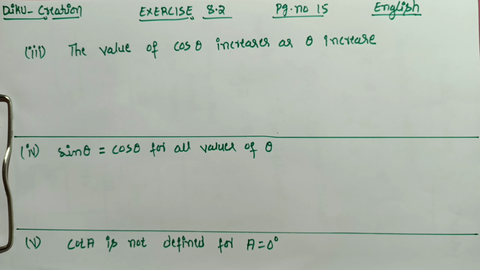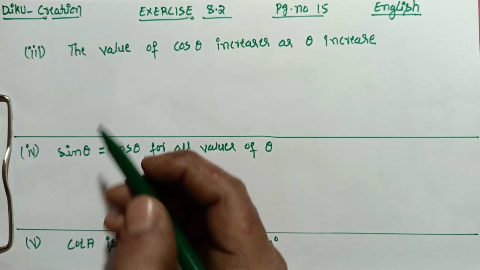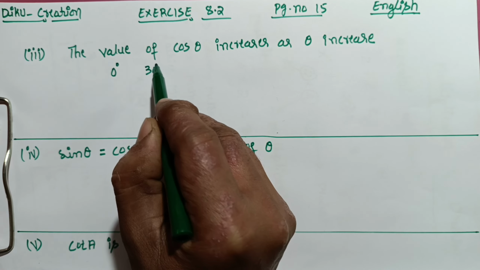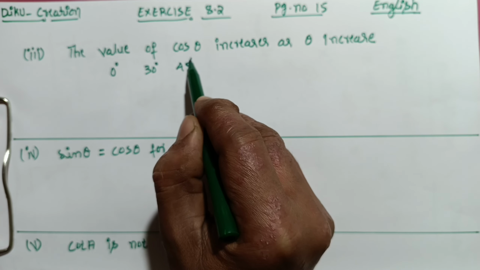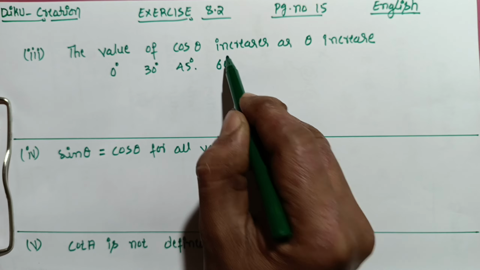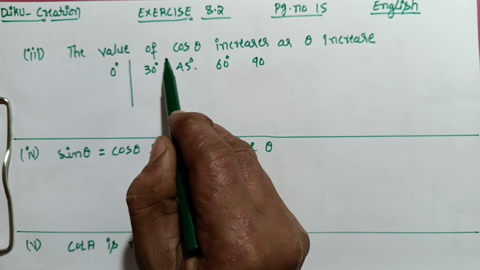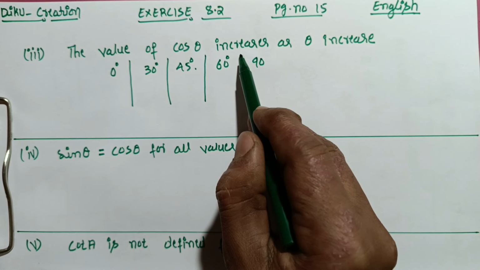Okay, now the third question of same exercise. The value of cos theta increases as theta is increased. So to solve this question, again I need to write the cos theta values. So cos 0 degree, cos 30 degree, cos 45 degree, cos 60 degree, cos 90 degree. Let me write this in the form of a table.